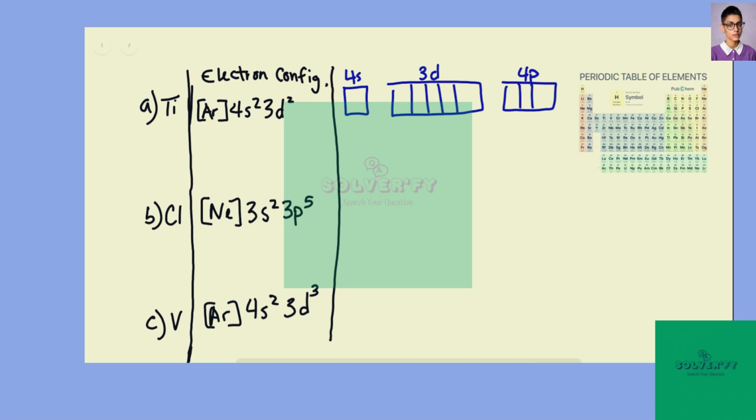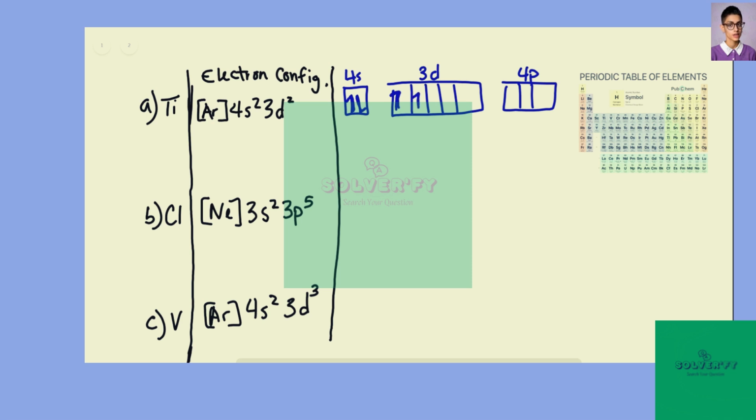And so we know that its valence electrons are going to be in that row, if that's its outermost shell. So from there, we take the electrons that we know are going to be in that row, and we just start filling the orbitals that we see in the electron configuration.